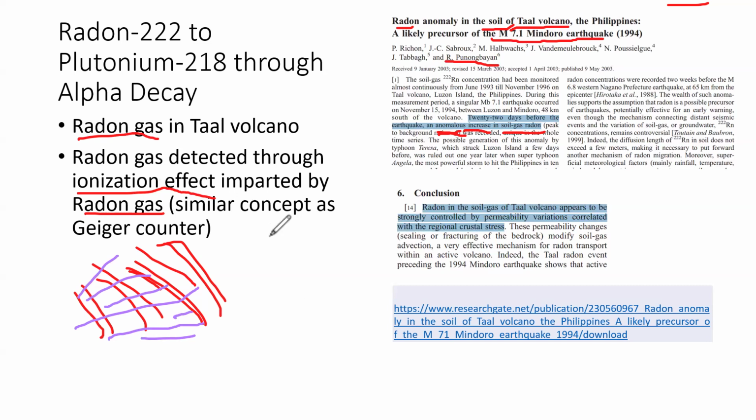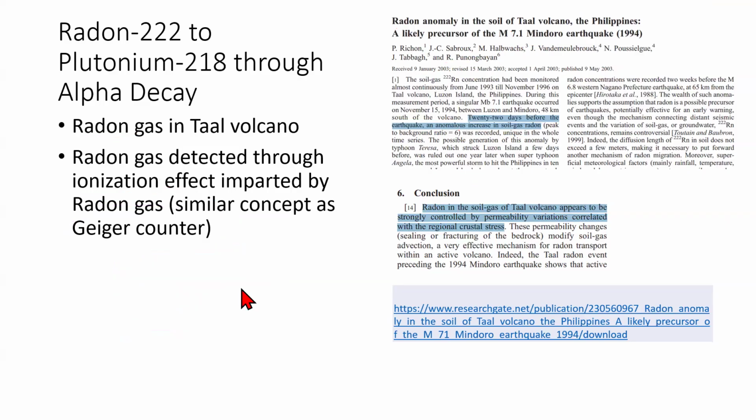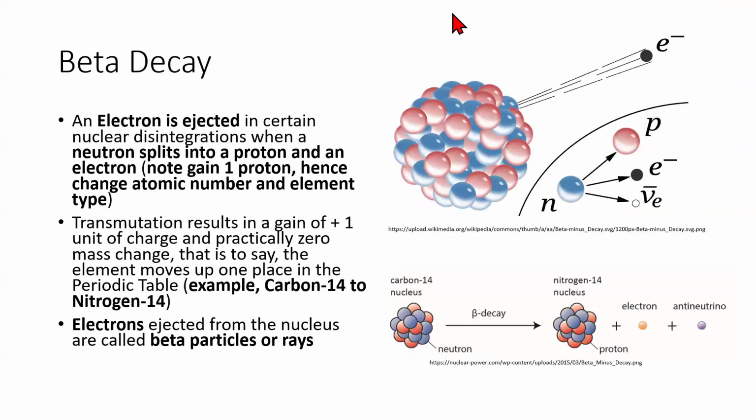This principle is exploited by radiometric detectors, for example the Geiger counter, and also the radon gas detector used in this study. We're going to be talking about the Geiger counter later. Those are a few applications of alpha decay.